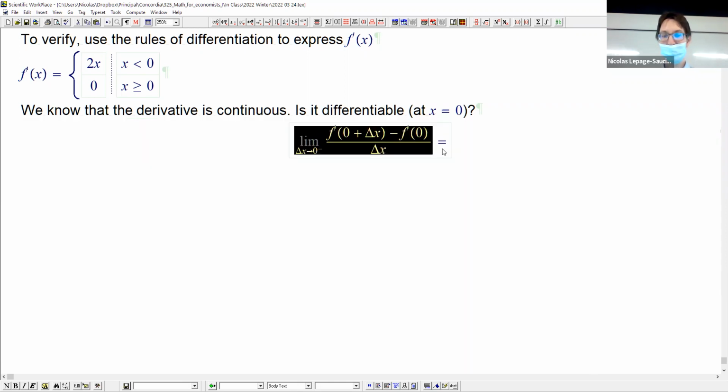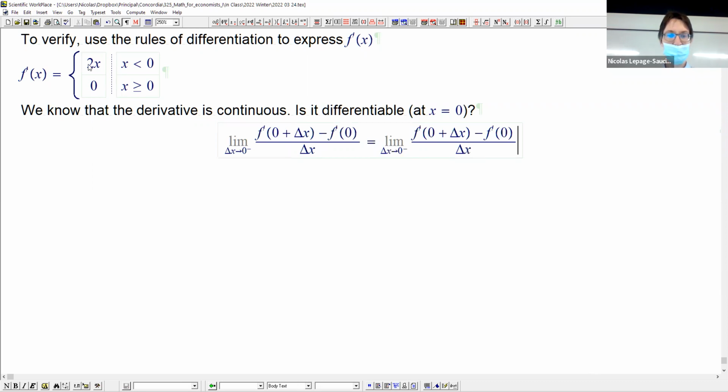And I get what? If delta x is smaller than 0, then 0 plus delta x is smaller than 0. So I'm on the left side. So I take this function there. So I get 2 times 0 plus delta x minus, what is the derivative at 0?